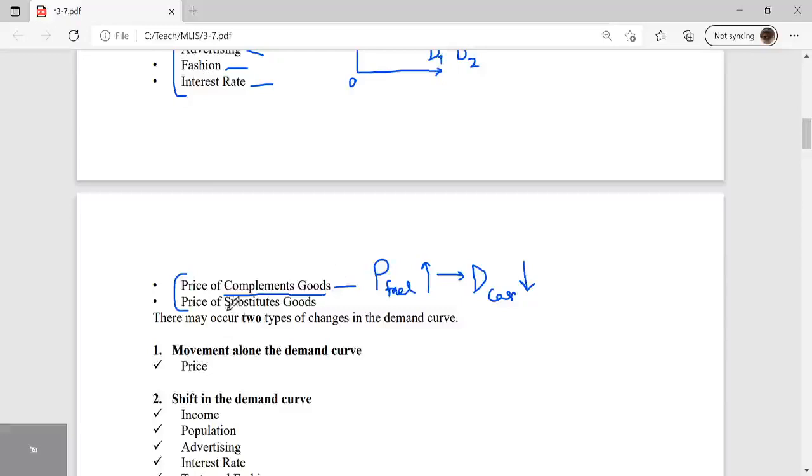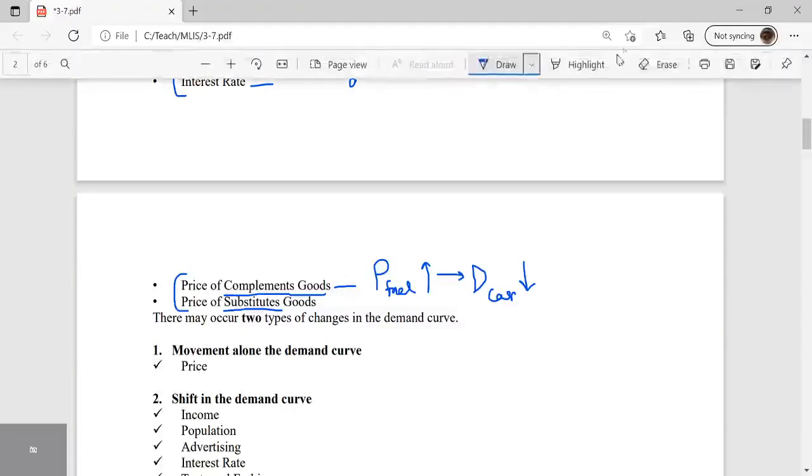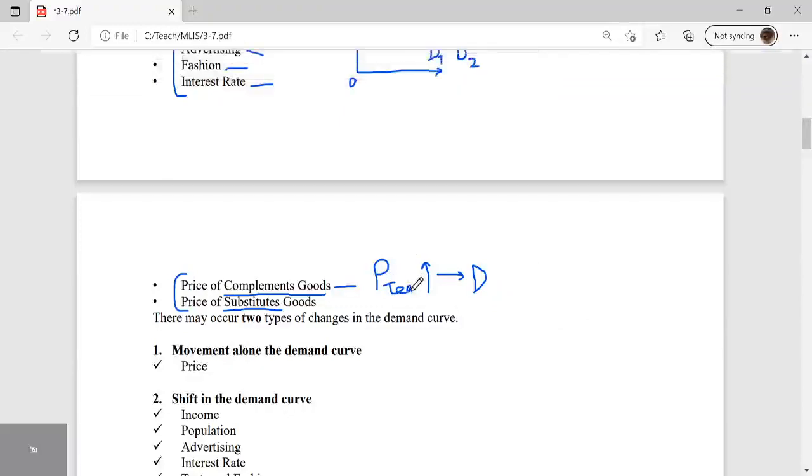Next is substitutes. Substitutes are like alternatives. Let me give an example. Suppose price of tea. So if price of tea increases, then what will happen to the demand for coffee?